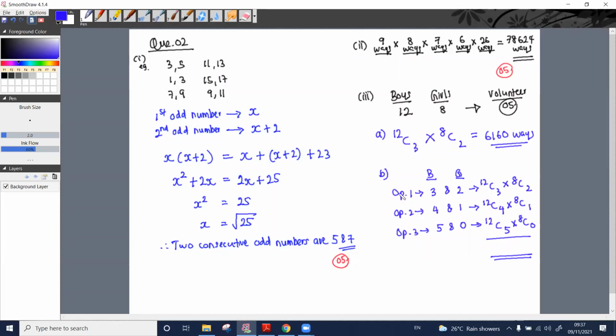The answer should be what? 10,912 ways. 10,912 ways are there. If you got this one, give yourself 5 marks.